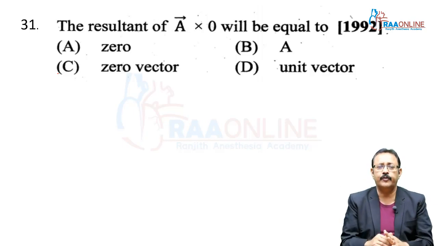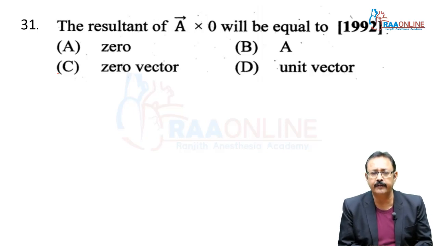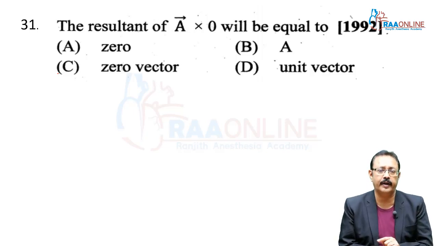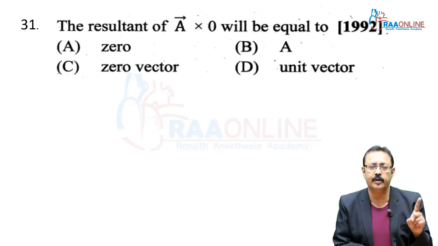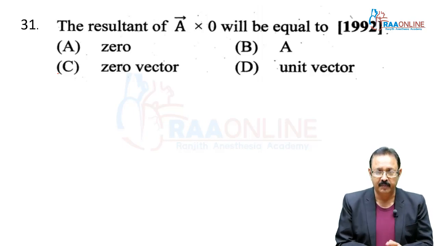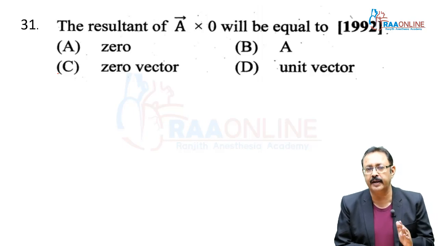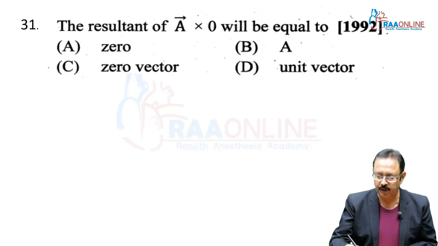It means if you are multiplying a vector A with K, if K is positive, it will increase the magnitude of A K times. But if it is negative, it will reverse the direction of A and make its magnitude K times. But you are multiplying with 0, so it will make its magnitude 0 times without touching the direction. If we are multiplying with 0, the magnitude will become 0. So what should we answer? 0 vector. So we are going with C.